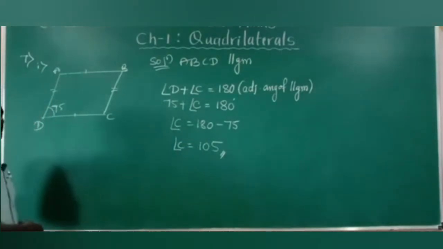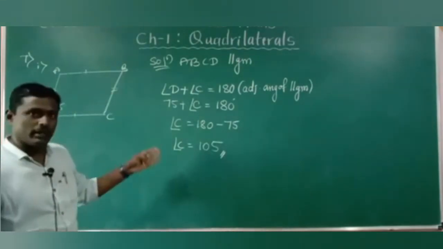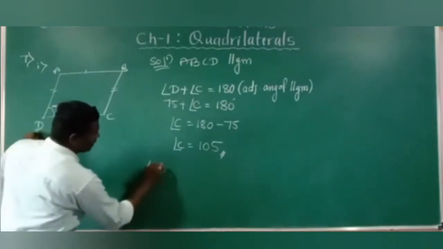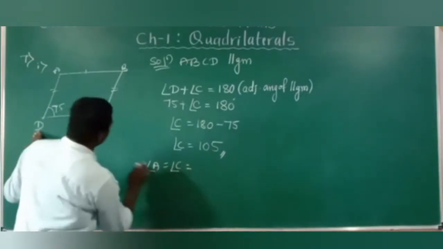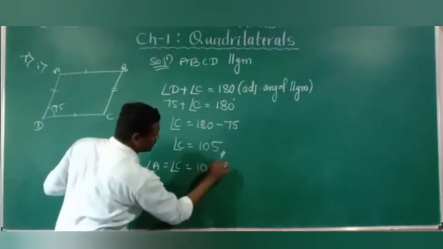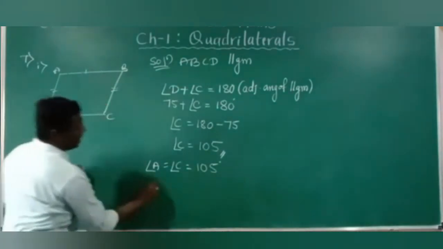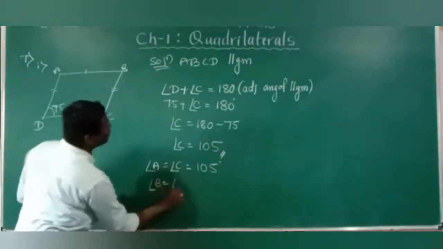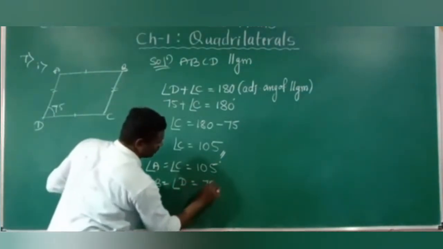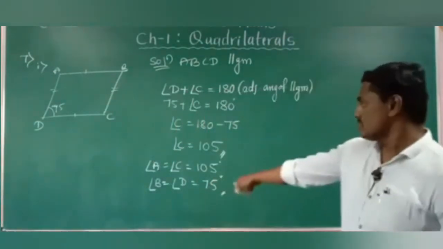In the parallelogram, opposite angles are equal, so the remaining two angles are exactly opposite to these two angles, right? Angle A, which is opposite to angle C, is 75 degree. Next, angle B is equal to angle D. Therefore these two angles have equal magnitude, that is 75.